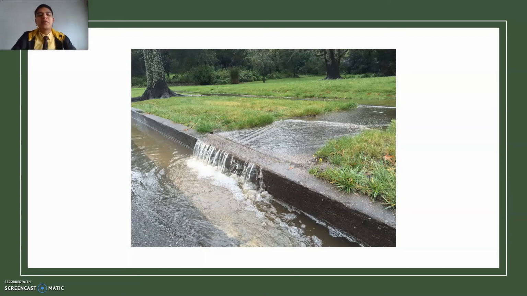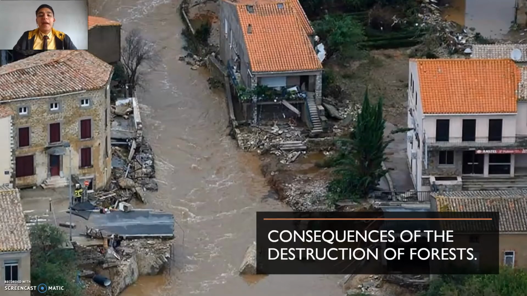That process, remember, is called infiltration. And what happens with the water that goes underground? Well, it will be placed in places where water is stored, which is called groundwater.